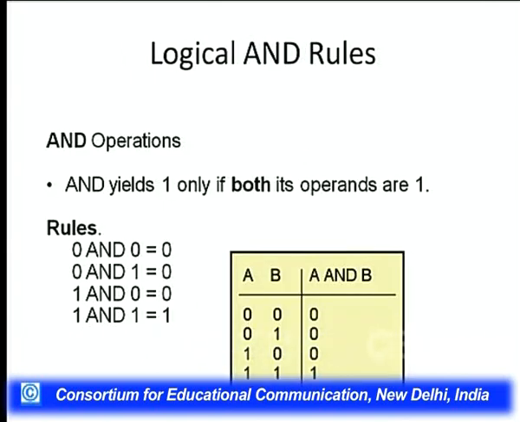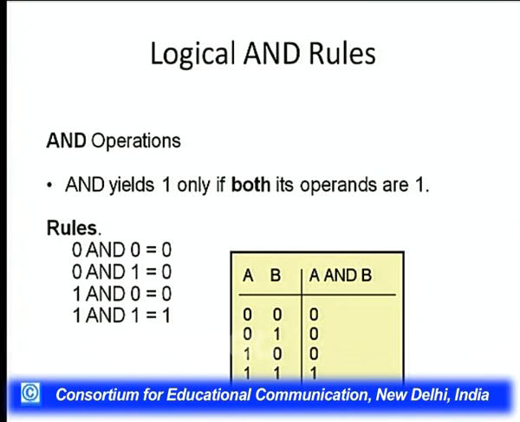Then we have another important logical operation, which can be considered similar to multiplication. AND operation means that if both operand 1 as well as operand 2 are 1, only then the result will be 1. That is, operand 1 has to be 1 and operand 2 has to be 1.